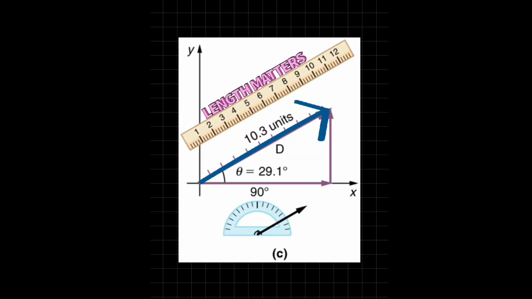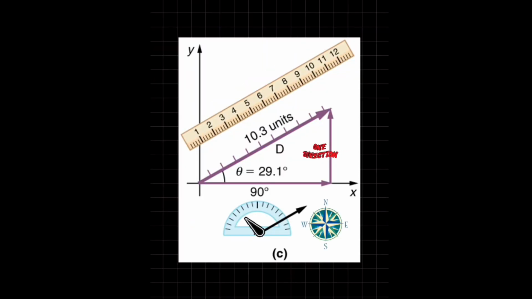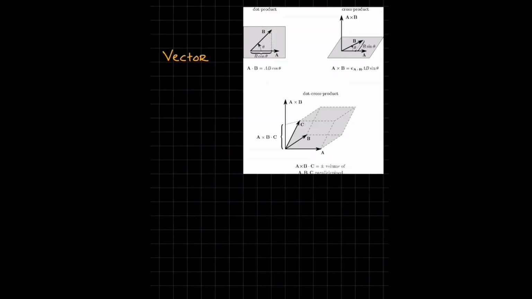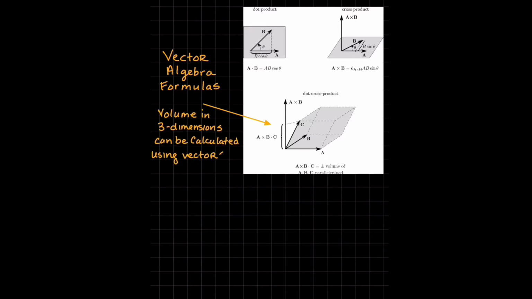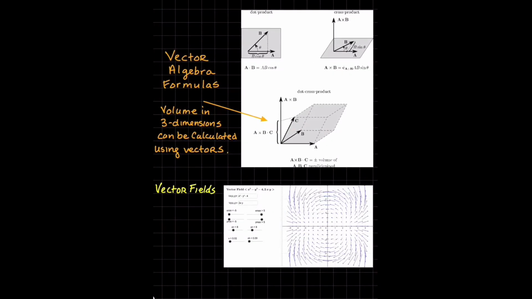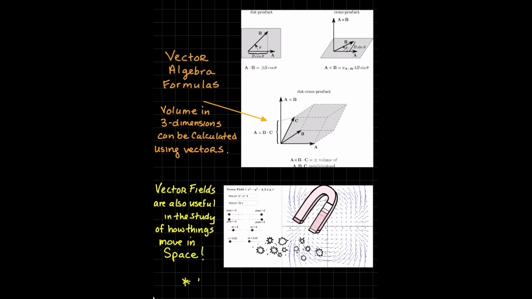In the coordinate plane, we can represent this on the xy plane with the vector telling us things about the space, and even in 3 dimensions, we can perform a little vector algebra to give us things like volume in 3-dimensional space. We can also use vectors to describe things like fields. The electromagnetic field is one of those examples.